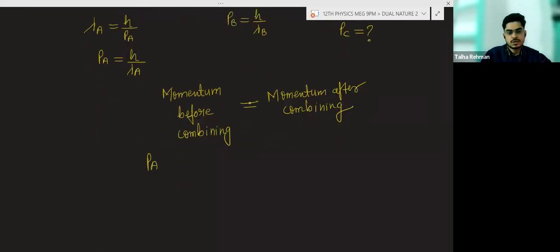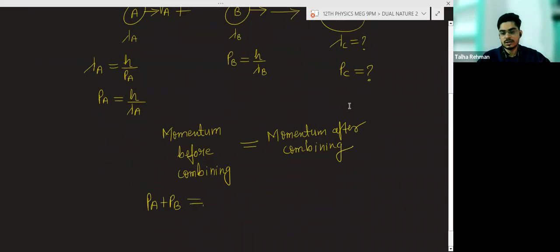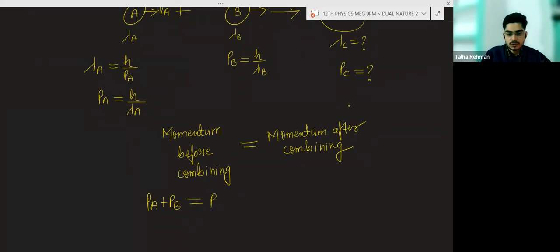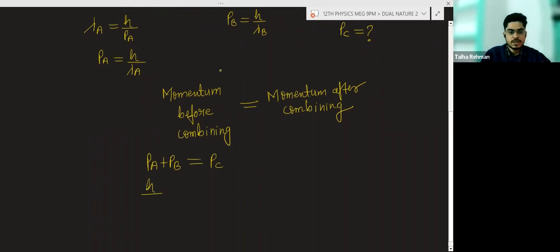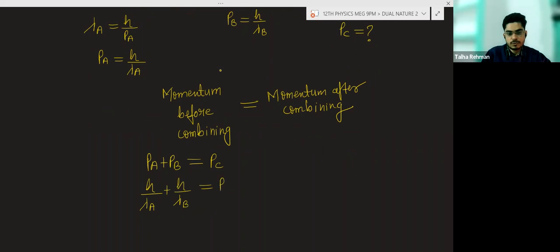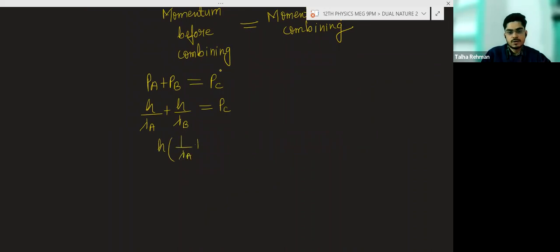Momentum of A plus momentum of B, that is equal to, finally both these become this C, so the momentum of C. So it will be h by lambda A plus h by lambda B, and this is equal to the momentum of particle C. Now take h common. It will become h times 1 upon lambda A plus 1 upon lambda B, the momentum of C.